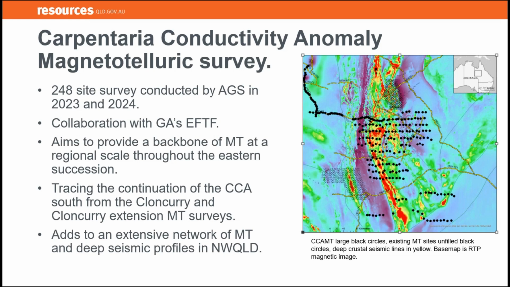So this CCA survey was designed to really track down where that anomaly goes and get an understanding of what that feature is. As I said, this data was released yesterday, so that program of work and modelling hasn't been completed, but the data is available on the portal, and there's a preliminary tech report out there that describes the processing done to date and some very initial models produced of that survey.